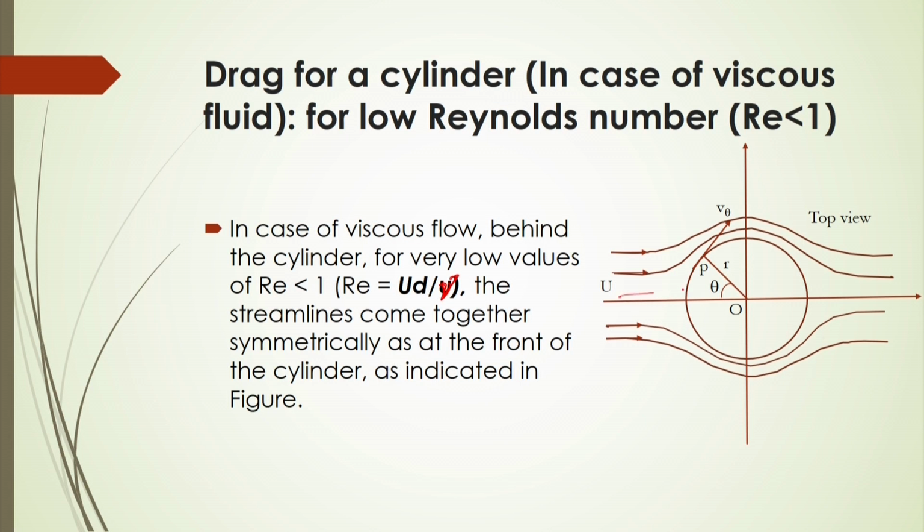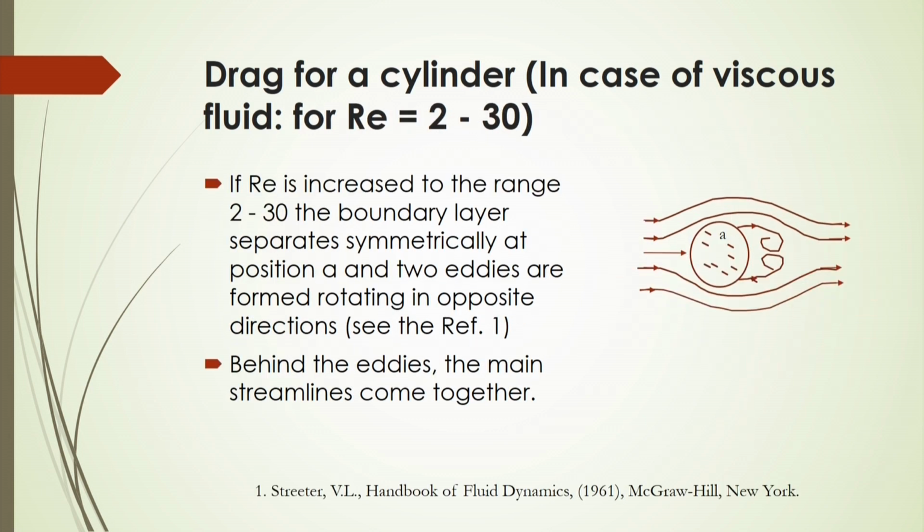It is very interesting that in case of viscous fluid you will see how the fluid changes its direction from the surface of the cylinder, and it will generate eddies at this location. This happens only because of the viscous effect and the pressure distribution, and this is different from the ideal flow. In the ideal flow we are not considering the viscosity effect.